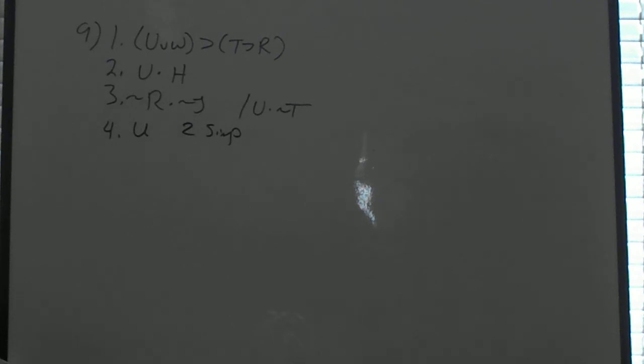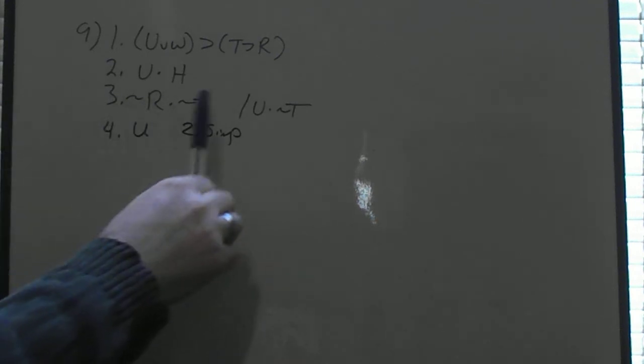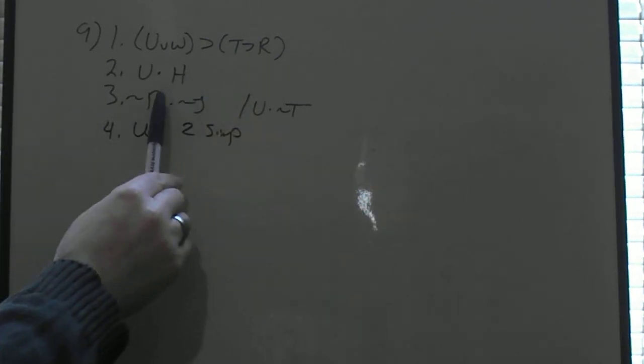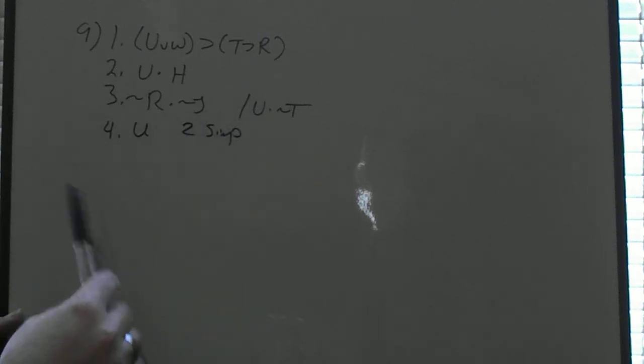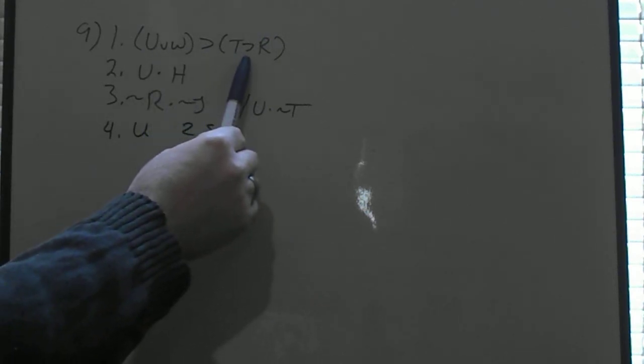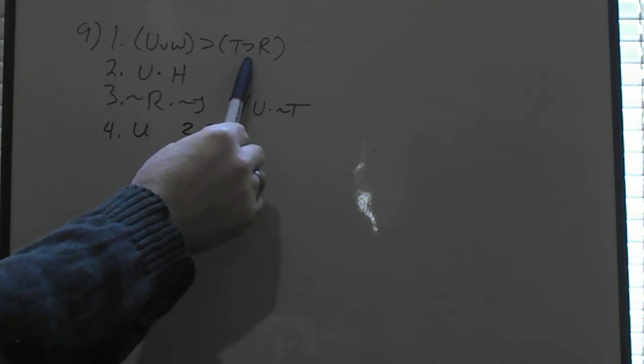Well, you can kind of visualize it here already. T then R, not R, therefore not T. But we've got to get that T then R by itself, right? So how do we do that? Well, it's in this conditional statement here. So the best way would be through a modus ponens.